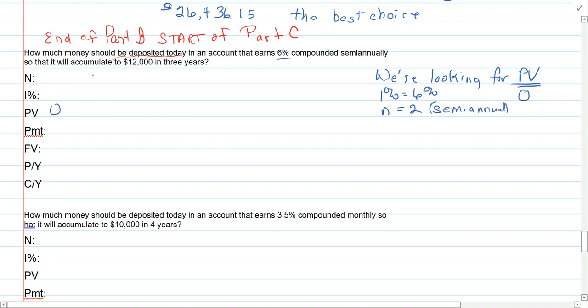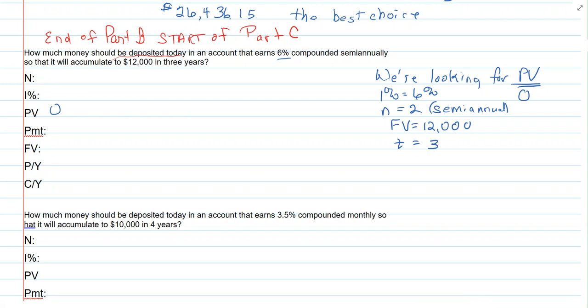And it will be to accumulate 12,000. So then my future value is 12,000 in 3 years. My T is 3. We're going to put everything in zeros on anything we do not have an answer for. So our cap N is little n times 3.